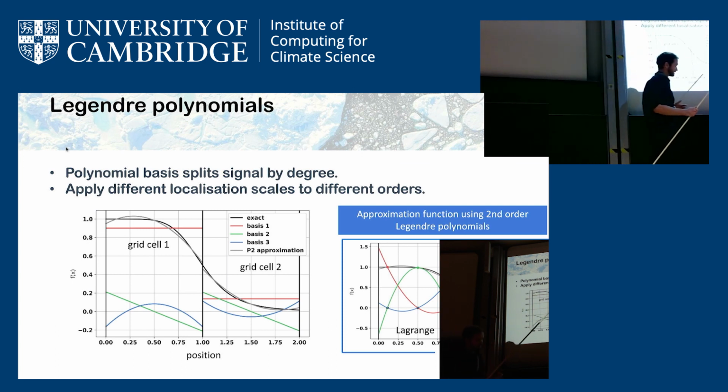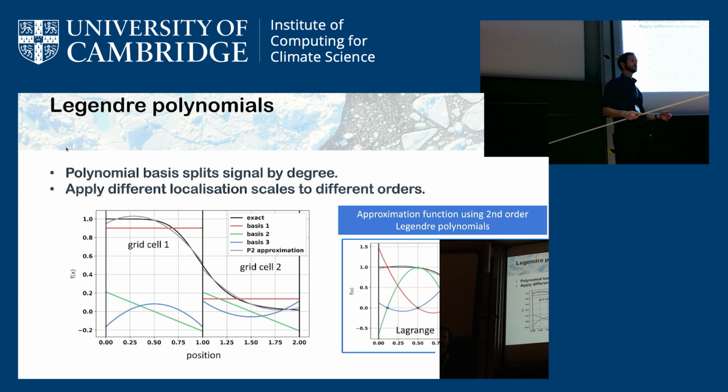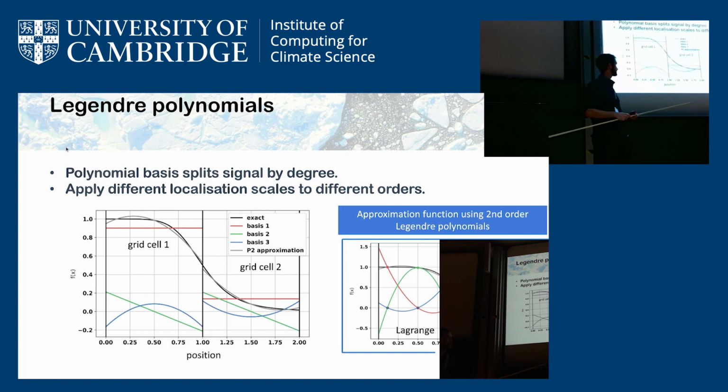The idea now is that for the smaller scales in your ensemble, this distance over which correlation curves should go to 0 is smaller than for the larger scales.